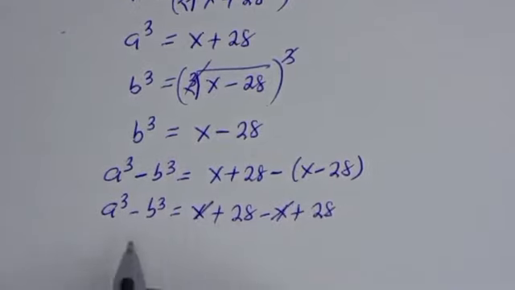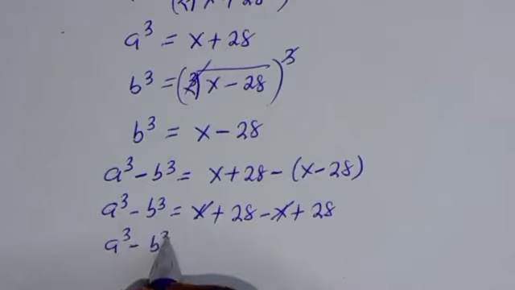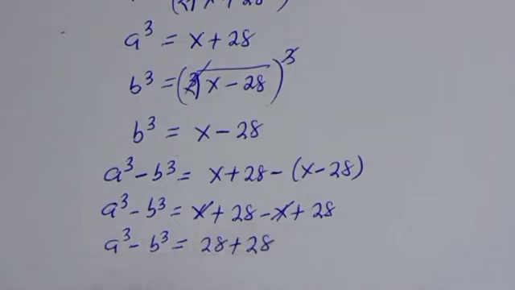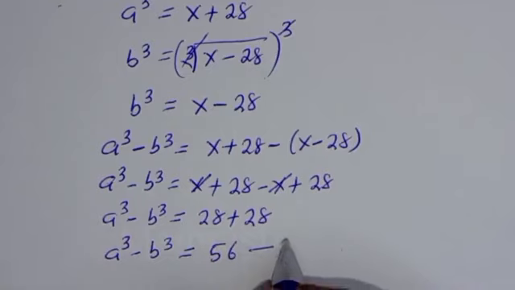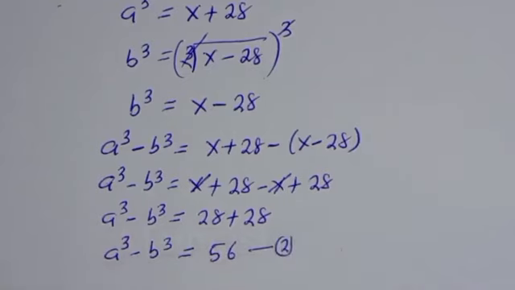This will cancel this. A cube minus b cube is equal to 28 plus 28. A cube minus b cube is equal to 56. Let's call this equation 2.